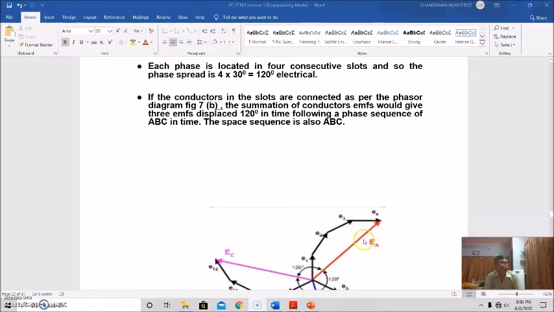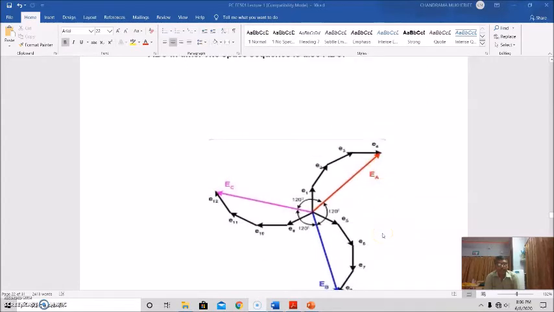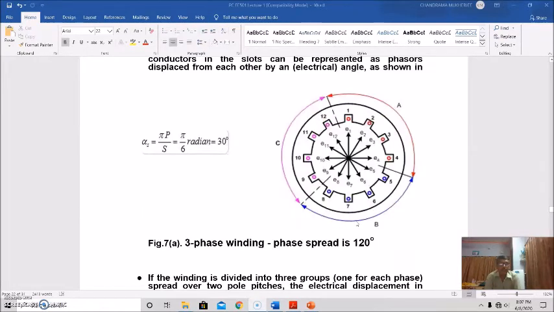So if the conductors in the slots are connected as per the phasor diagram given here, like this, the summation of the conductor EMFs: this is for conductor 1, EMF E1, this is for conductor 2, this is 3, and this is 4. So this is the resultant EMF, and this is for phase A. This is for phase B, conductors 5, 6, 7, 8.